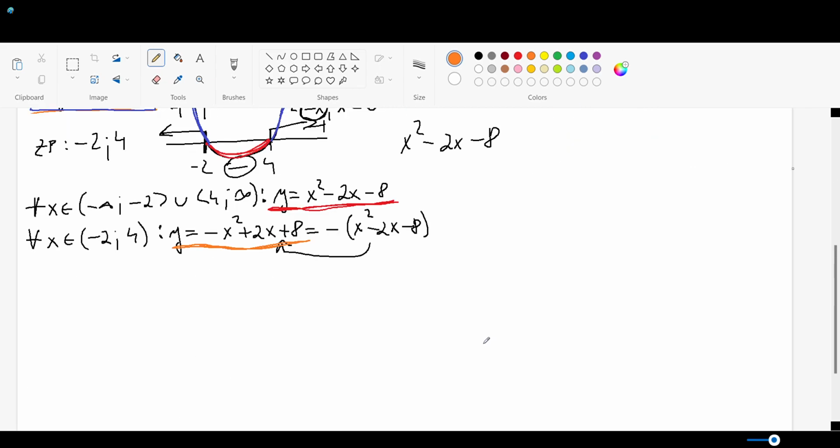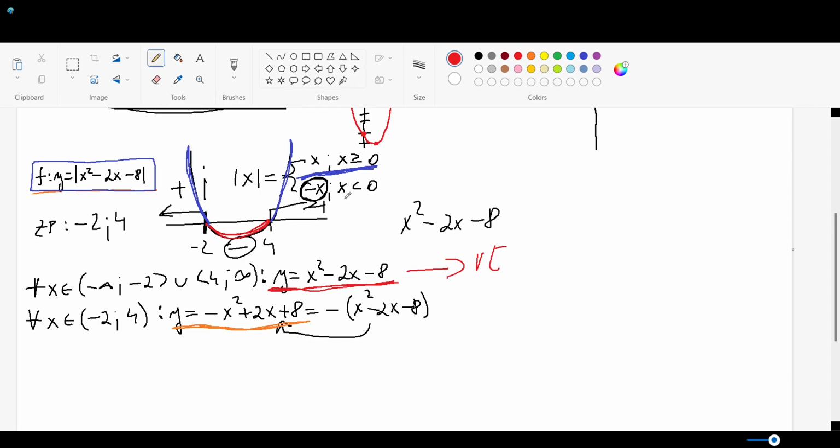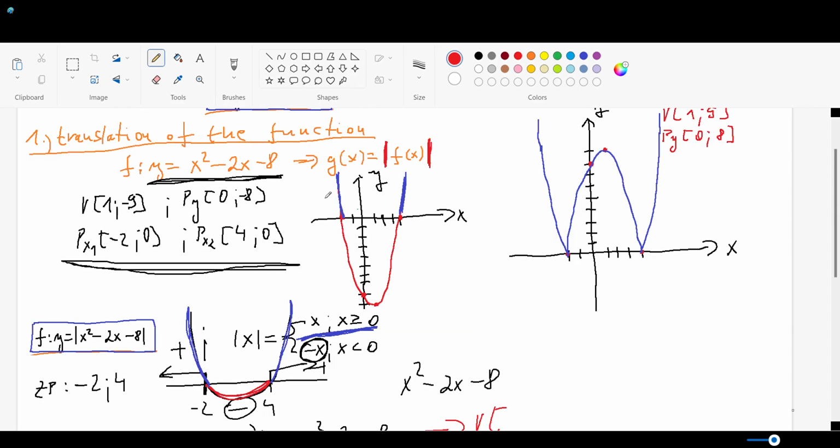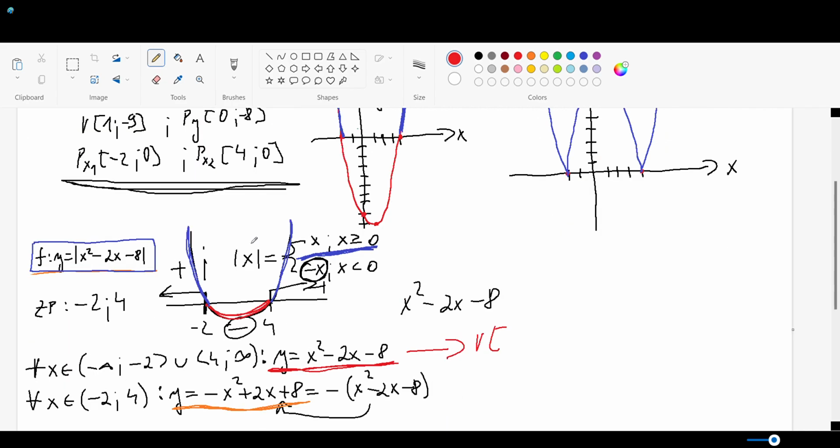Okay, so let me explain this and let me do this, and then I will make the conclusion. So for the first parabola, and I'll be using the red pen now, our vertex coordinates are, and as you can see, this is really the same as we were using in the first explanation.